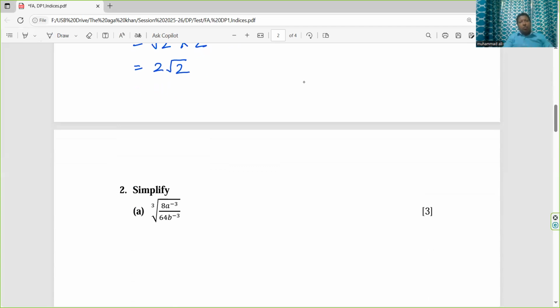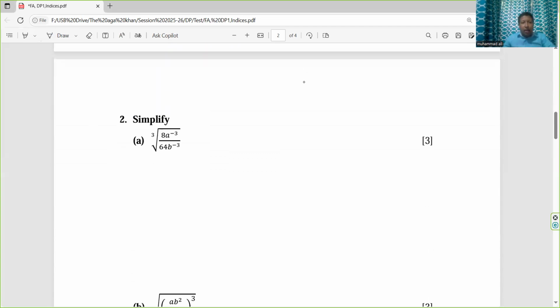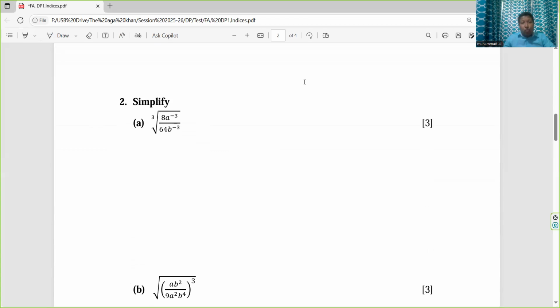Question number 2, simplify cube root of 8 a to the power minus 3 divided by 64 b to the power minus 3. So one thing you have to remember, this is cube root.